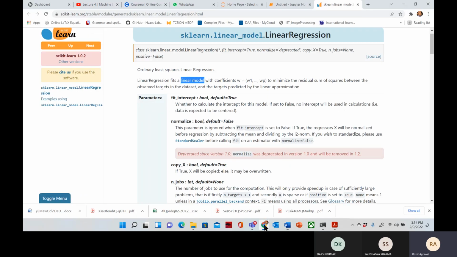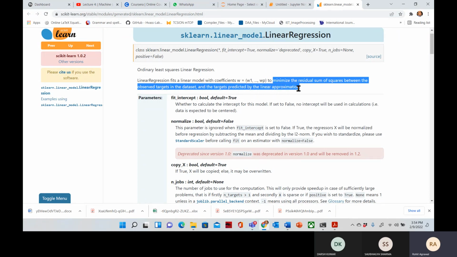So in this, they have written the same thing. Minimize the residual sum of squares between the observed target in the dataset and the target predicted. That means the value that we predicted, and the value that is observed, that means given.